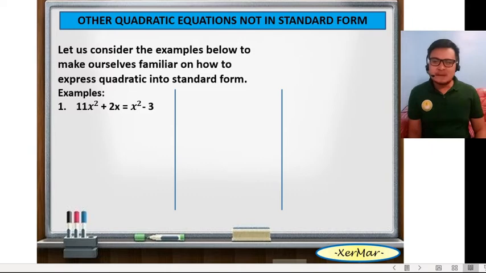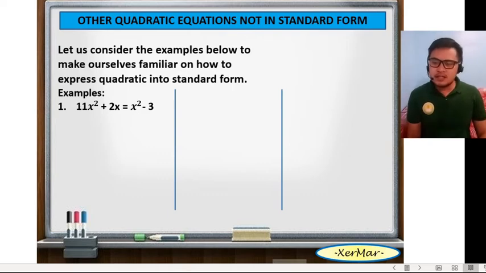I-analyze natin ng mabuti to, class. Sa right side ng ating equation, the terms are x squared minus 3. And on the left side, the terms are 11x squared plus 2x.